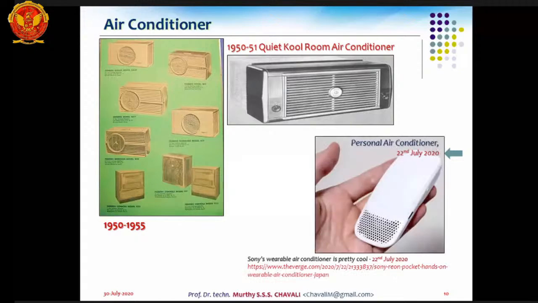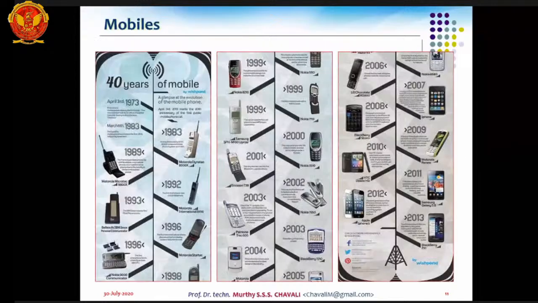This is the one in 2020 where you have a wearable device as an air conditioner. We can call it a personal air conditioner, which was recently put to market in July 2020 by Sony. I'll give another example, which most of you know: how cell phones have evolved over a period of time, from being 30 centimeters in size to almost 4 to 5 centimeters, almost like a business card.